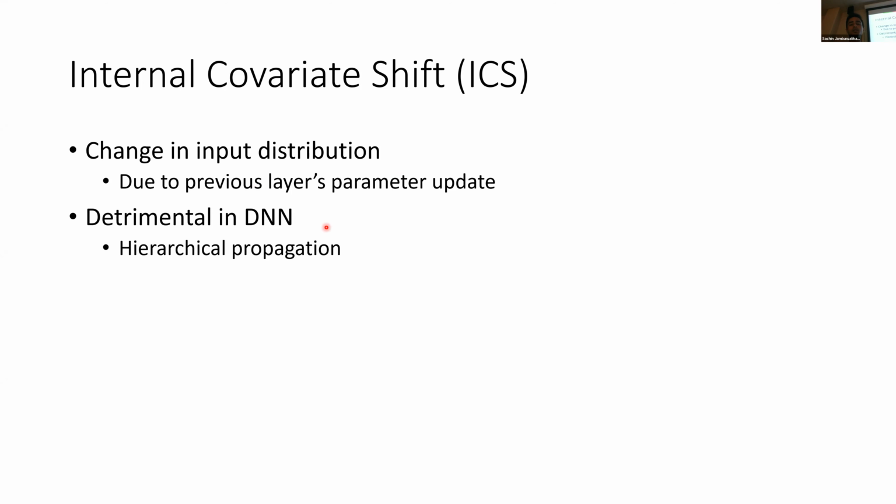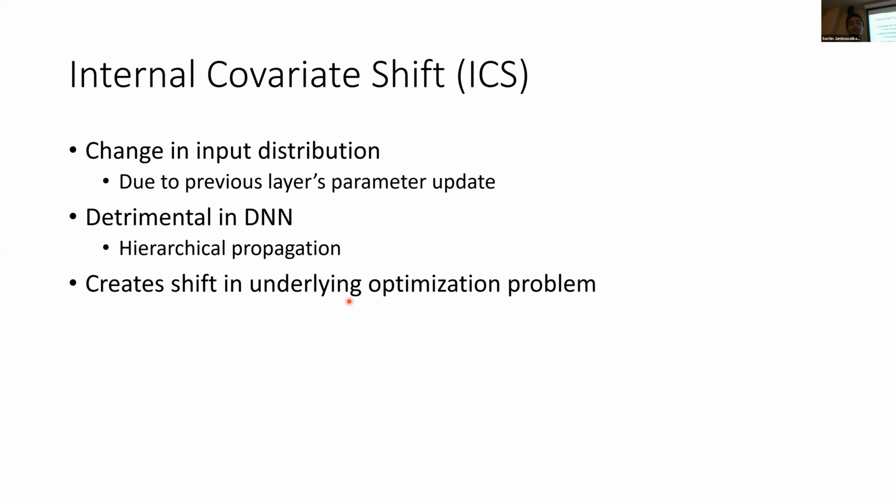And this is very detrimental in deep neural networks as the propagation is hierarchical. So if something fails in a very early layer, then it's propagated throughout the network. And the covariate shift also creates a shift in the underlying optimization problem. So it's harder for the network to optimize to a certain minima when the values for each mini batch change drastically.